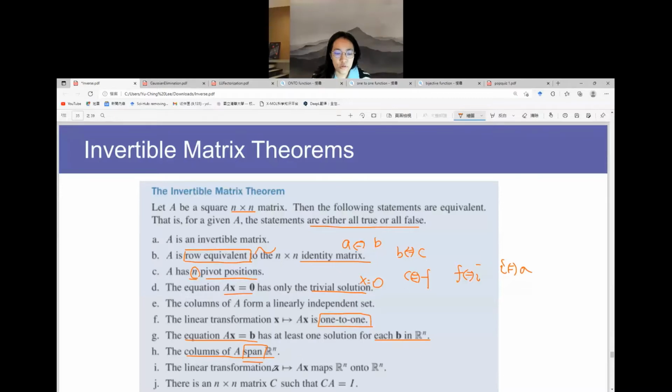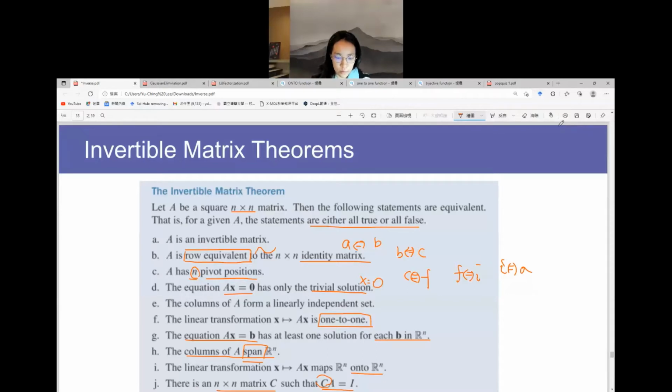Then the linear transformation maps Rn onto Rn. There's an n by n matrix C such that C times A equals the identity, and this C is exactly A inverse, the inverse matrix of A.